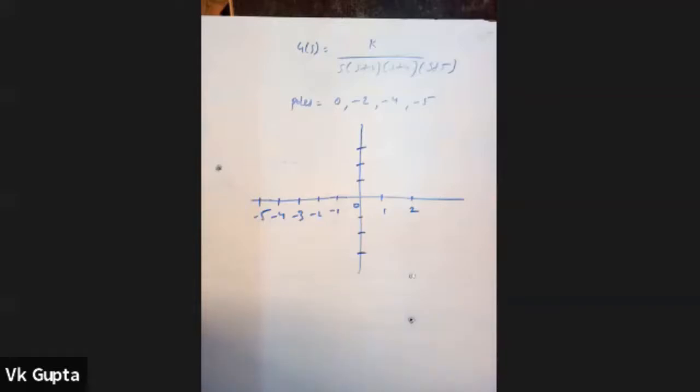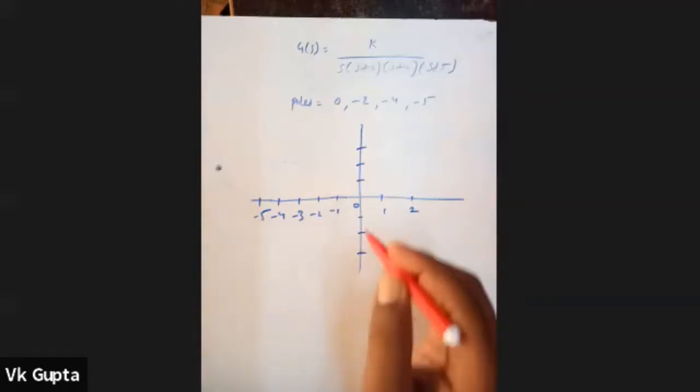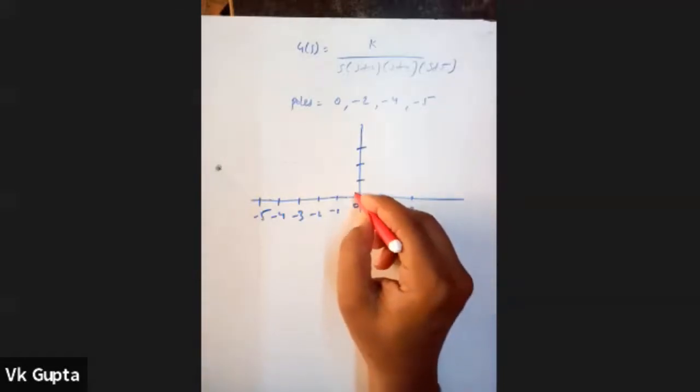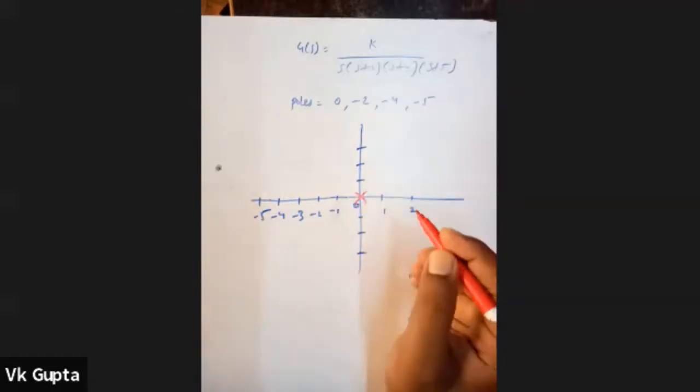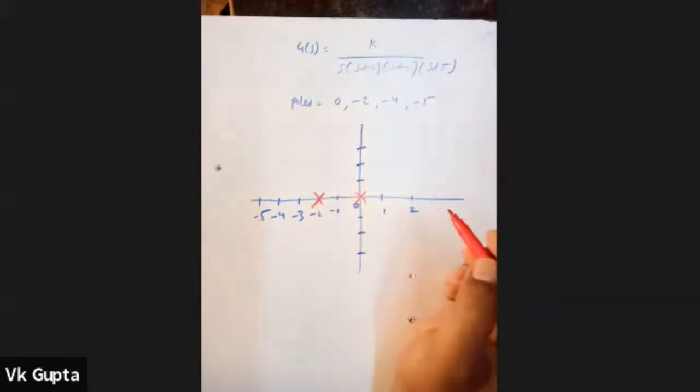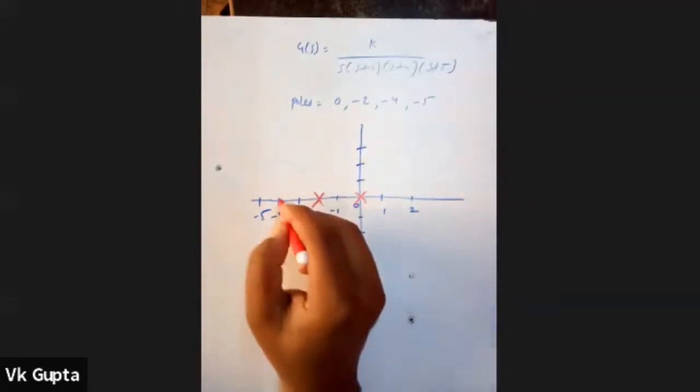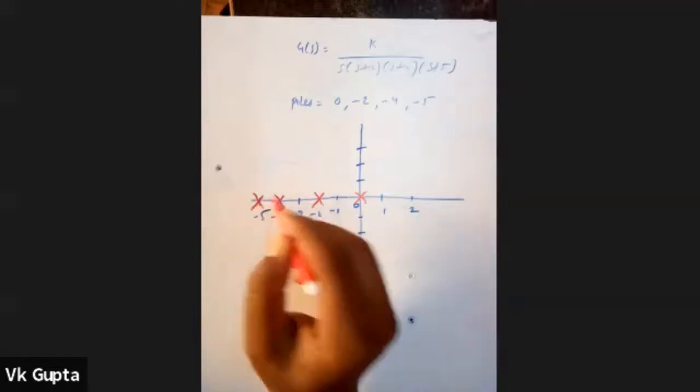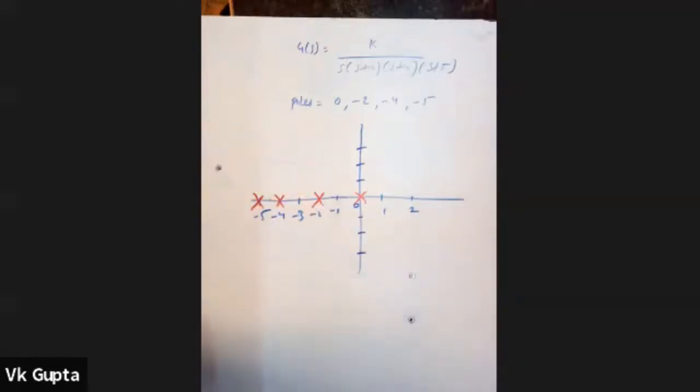We have 4 poles at 0, minus 2, minus 4, and minus 5.